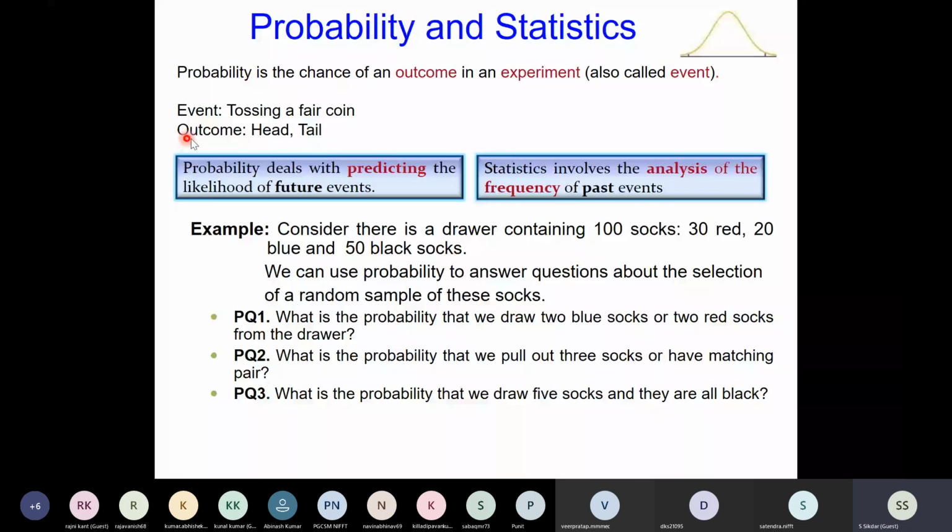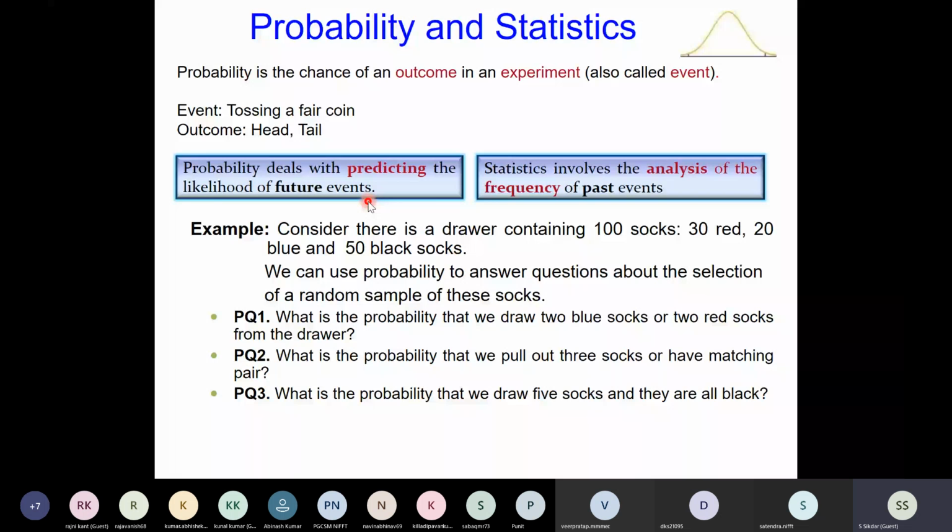You say probability is half. Here also, if I ask what is the probability that tail will come, it is half, because there are only two outcomes. So probability deals with predicting the likelihood of future events. You are just predicting, just like some astrologer or something like that.